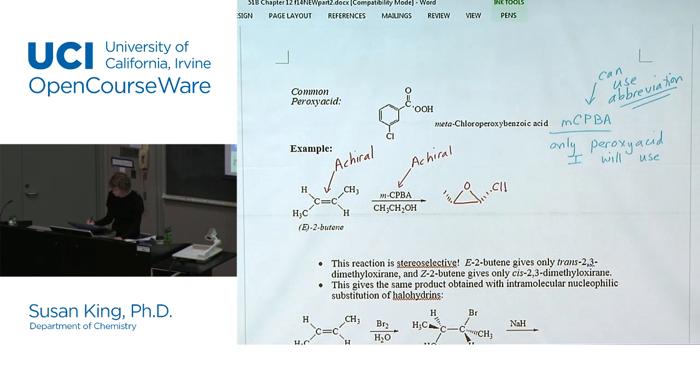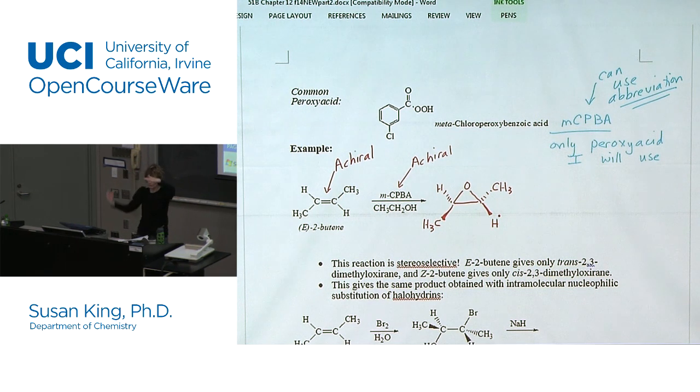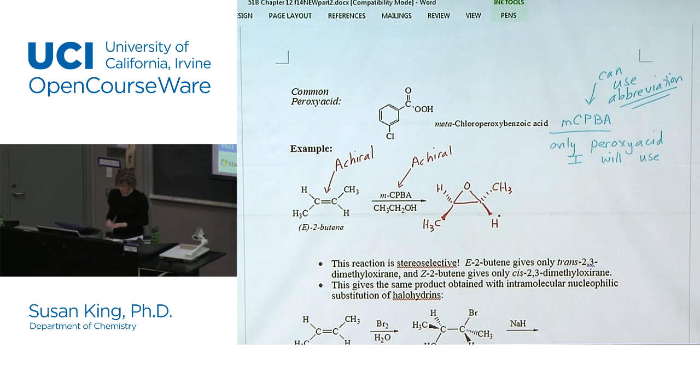But do notice the relationship between the methyls. They are trans in the alkene, and they are trans in the epoxide also. That's important. Remember, this alkene is planar, so the peroxide can come in from the top or from the bottom. To get the other enantiomer, the oxygen comes in from the bottom.